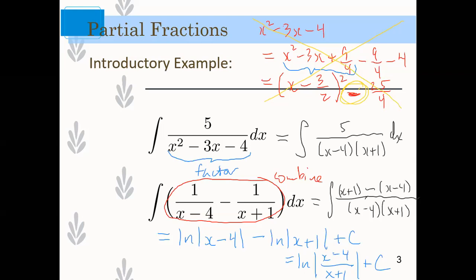The x's cancel, and it's going to be 1 minus negative 4, which is 5, which you say, oh my word. And this was a dx, by the way. You say, oh my word, these things are equal to each other. And what that motivates us to do is to learn how to go backwards. It was easy for us to combine those things by finding a common denominator, but it's not so easy to go backwards. Does that make sense?